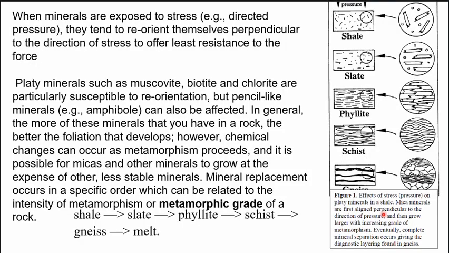Metamorphism can change sedimentary mudstone to shale. During regional metamorphism, what generally happens is that those low-grade sedimentary rocks... Can you hear me? I can hear you. Okay, my internet was shaking.